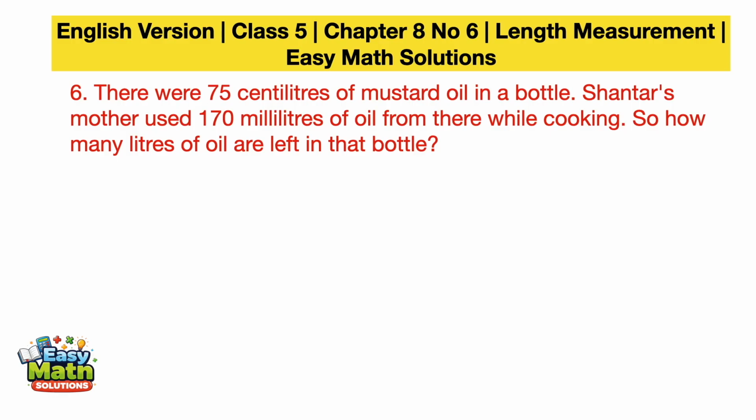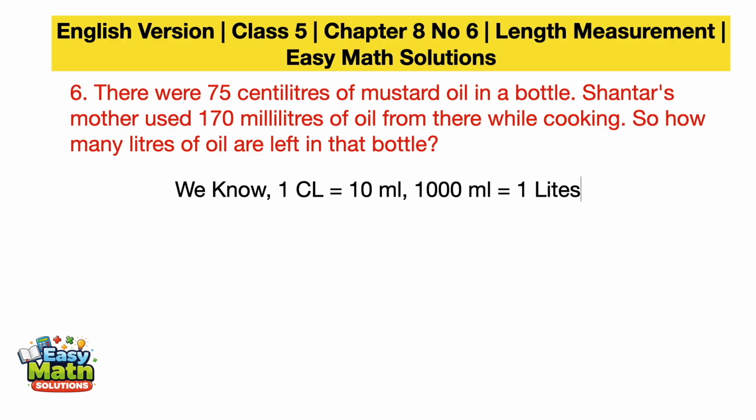Here we have centiliter, milliliter and liter. The math needs the answer in liter, so we convert all of them into liter. We know that 1 centiliter equals 10 milliliter and 1000 milliliter equals 1 liter. Then in the bottle, 75 centiliter, 75 times 10, that means 750 milliliter.